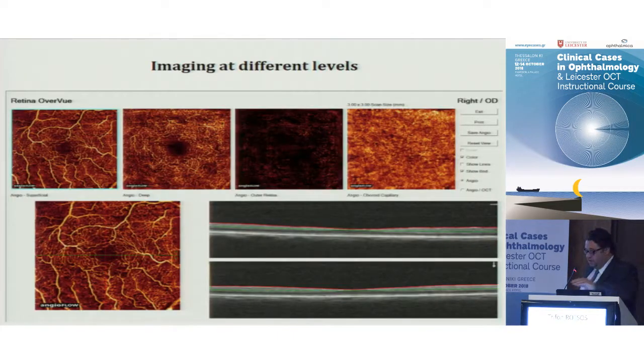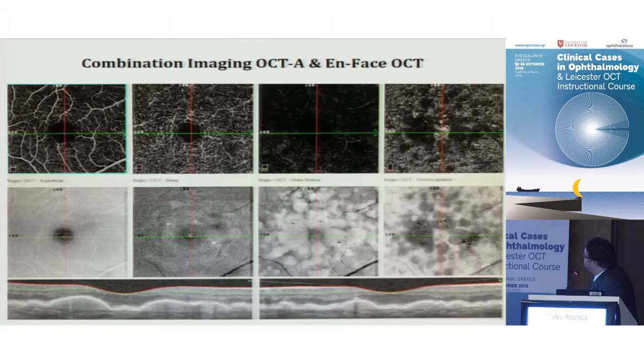And now we have the OCTA, the OCT angiography, which gives us images at different levels of the retina, of the macula actually, so we know exactly where the lesion is and how it responds to our treatment. And we can combine these images with the en face OCT, so that will give us all the information that we need about the place, the extent, and the type of the lesion that we are dealing with.